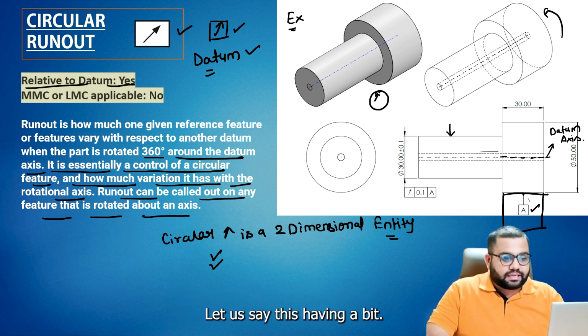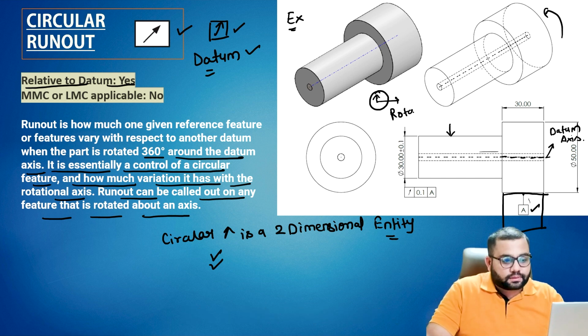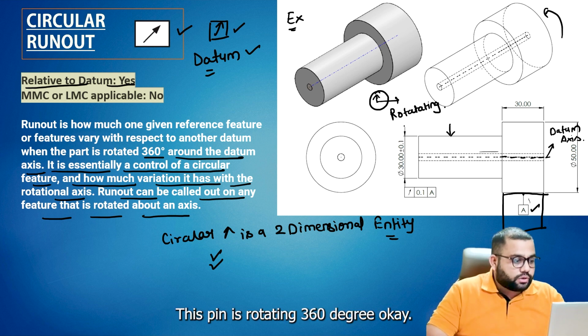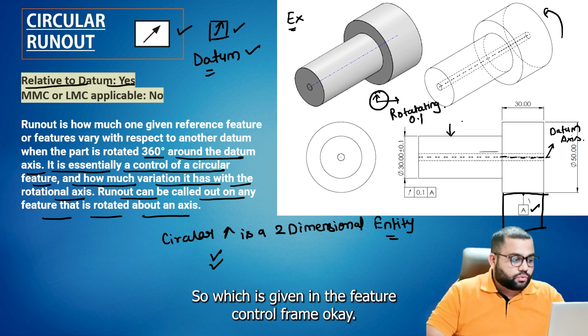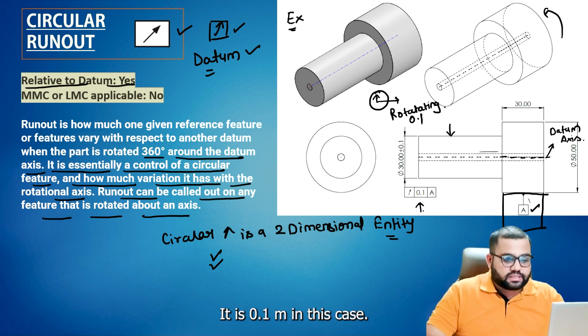If this pin is rotating 360 degrees, the movement value should be less than 0.1, which is given in the feature control frame. It is 0.1 mm in this case.